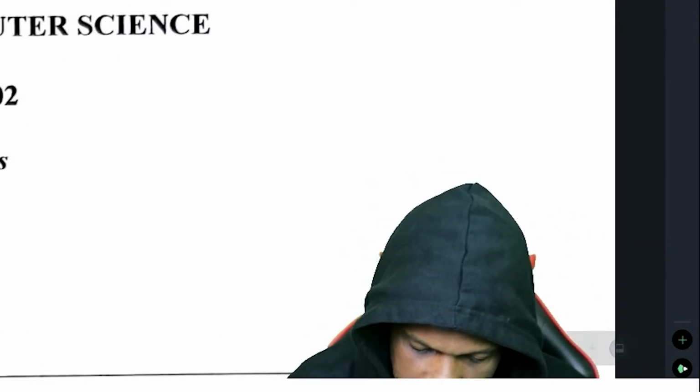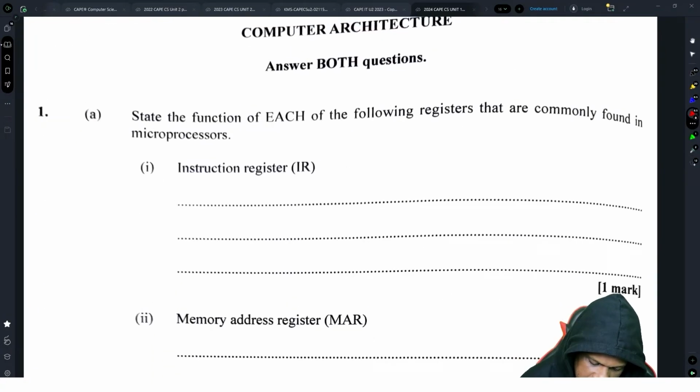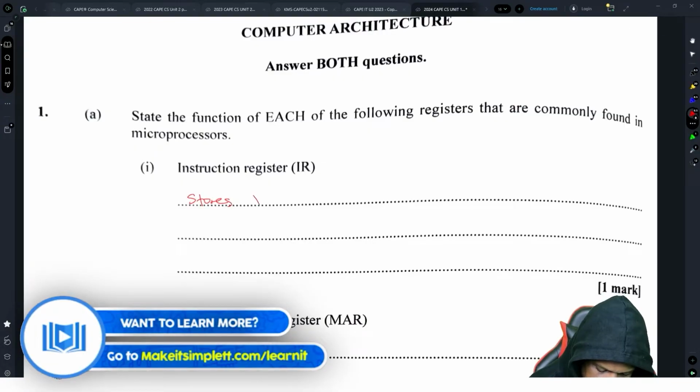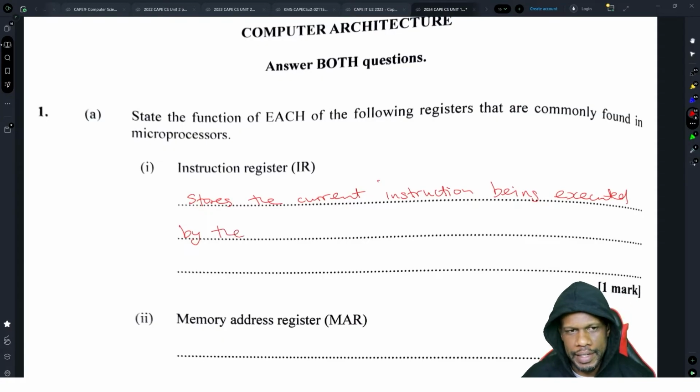Section 1. This is supposed to be the architecture subsection. State the function of each of the following registers that are commonly found in a microprocessor. IR, instruction register, stores the current instruction being executed by the CPU.